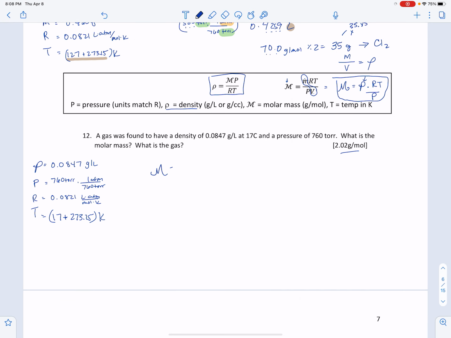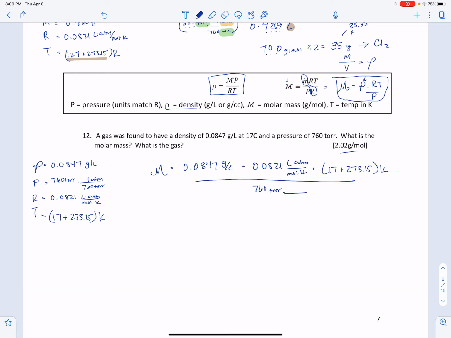This equation's nice because it has a little bit less in it. 0.0847 grams per liter times 0.0821 liters ATM per mole Kelvin times 17 plus 273.15 Kelvin over pressure, which is 760 torr, times 1 atm over 760 torr.